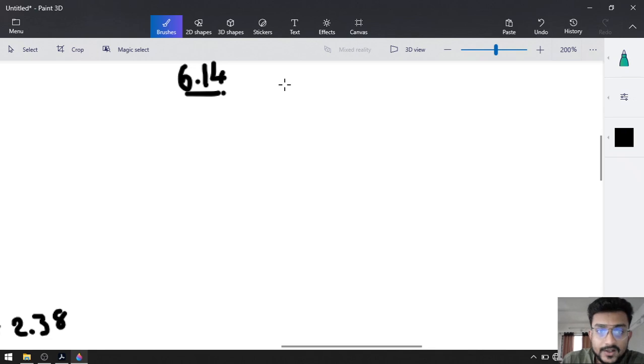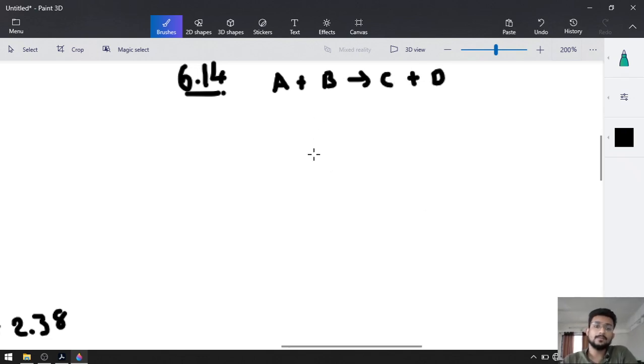Among them the first formula is of mole fraction. Suppose we have a reaction A plus B gives C plus D.